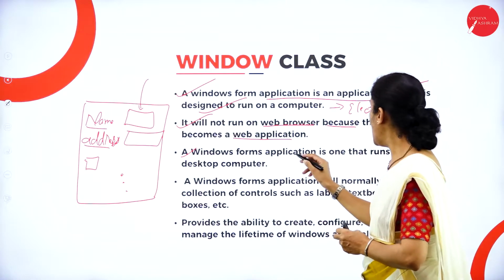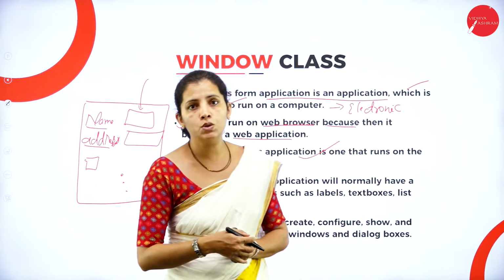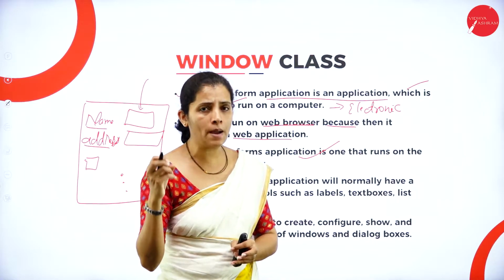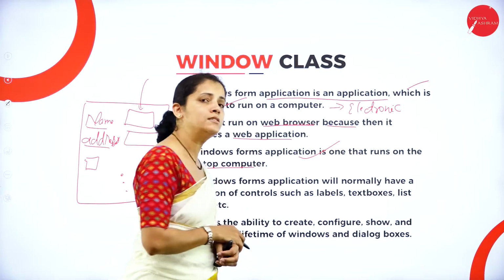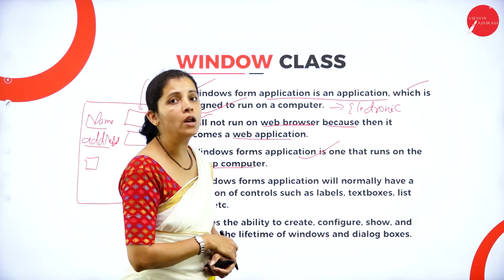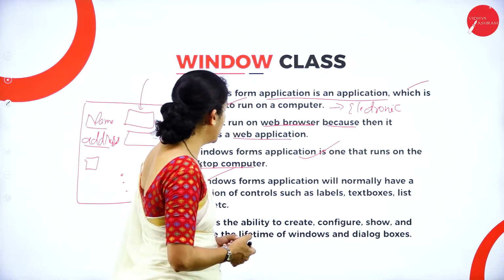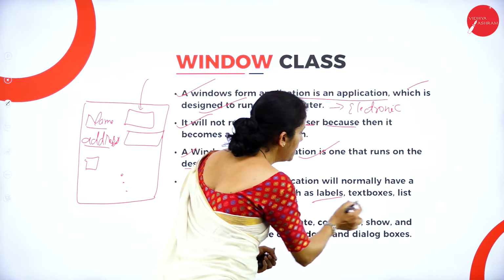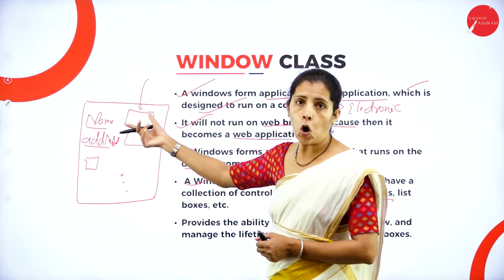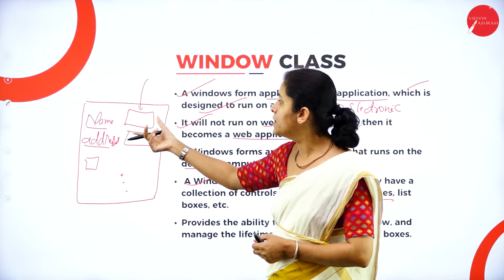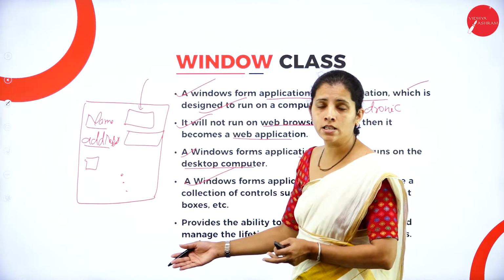A Windows Form application is one that runs on a desktop computer. So dear student, if I want to run any Windows application form, then what do I require? I require a computer system, that is nothing but the personal computer or laptop. A Windows Form application will normally have a collection of controls such as label, text box, list box, etc. So if I consider an online examination application form, and here I have the fields like name, address, gender, subject, and so on.